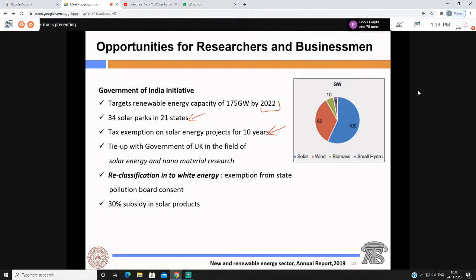This is the tax exemption on the end product, just to increase the use of renewable energy products. There is also a subsidy provided by the government on all solar products, approximately 30%.